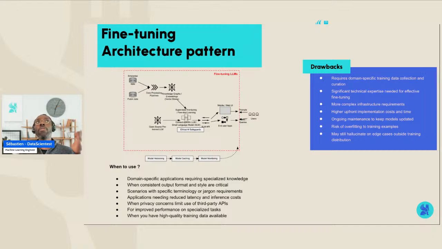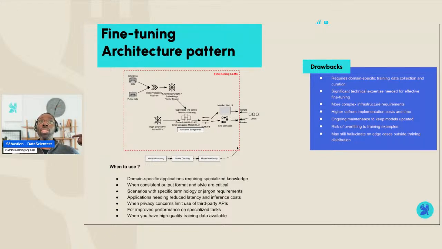I call it the fine-tuning architecture pattern, and you will use this when you want to create your own model because you have a specific need. Your architecture will be much more complex because you will have to get data, apply some processing on it, maybe vectorize, so apply some knowledge graph or embedding on the data, decide to fine-tune your model, save and persist your model somewhere, and keep track of the different versions of your model.